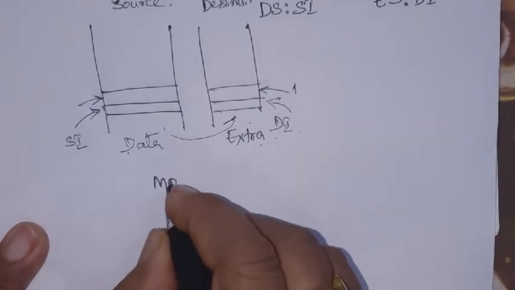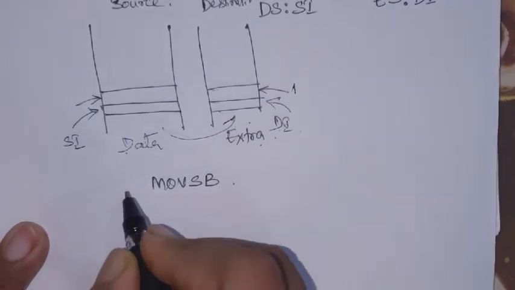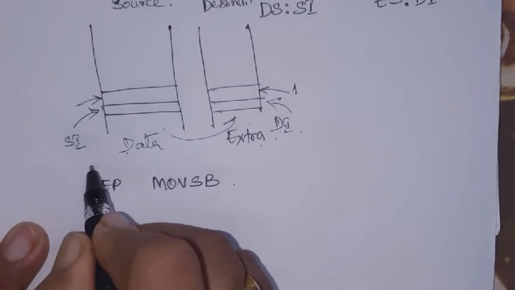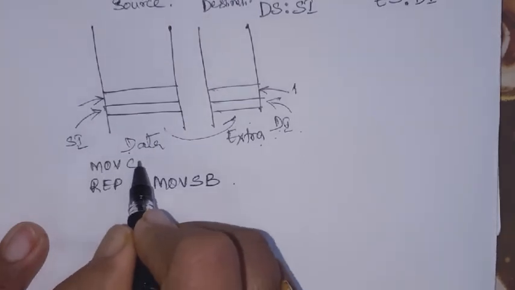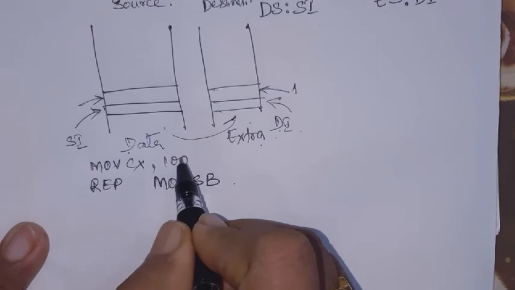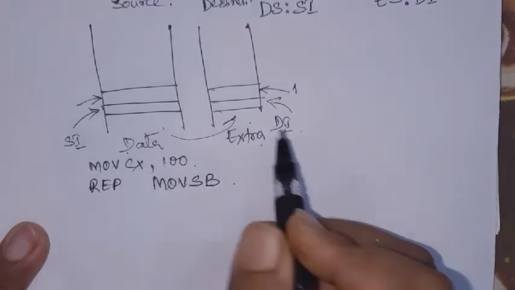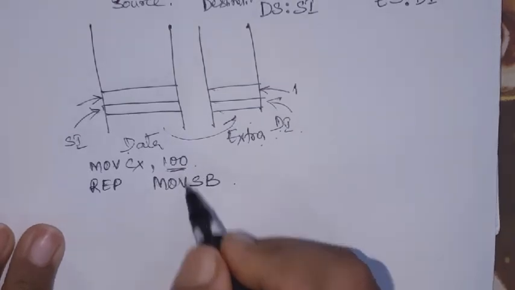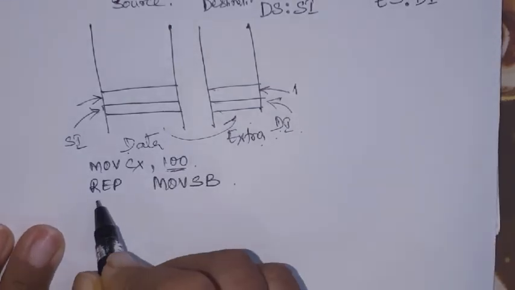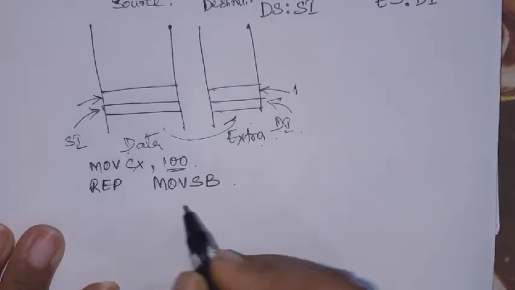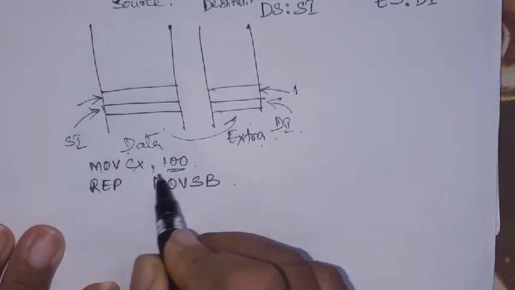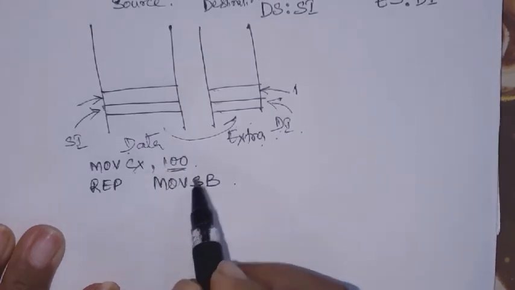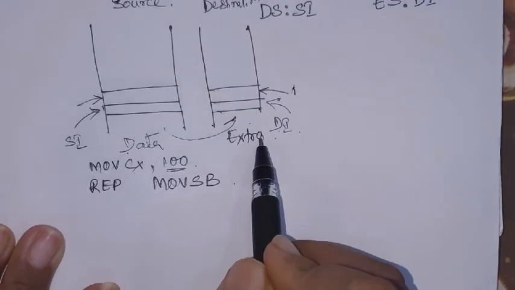So if move string byte is prefixed with repeat, and before this the count register is loaded with 100 in decimal, you have to convert it to binary for 100 bytes. So for repeat move string byte, how many times does this instruction get executed? Till CX becomes 0. Each time 1 byte is transferred from source to destination.